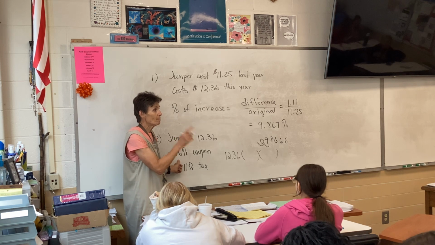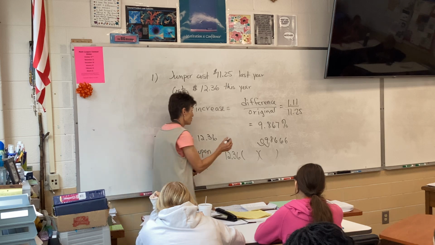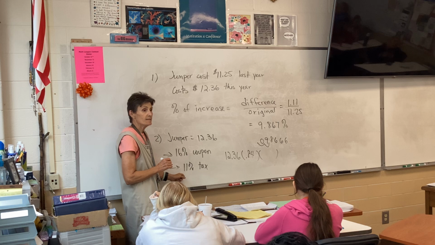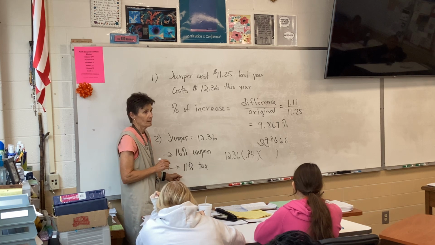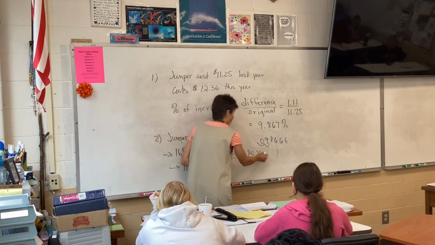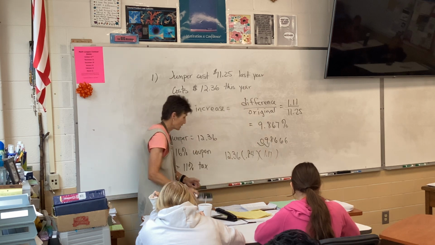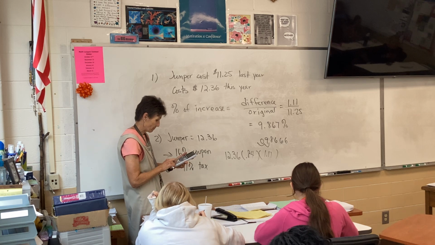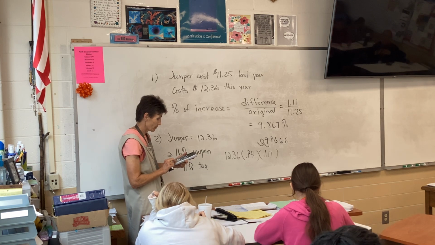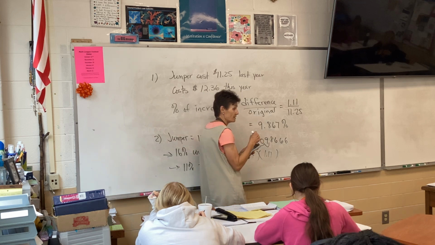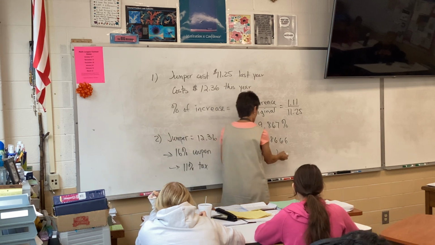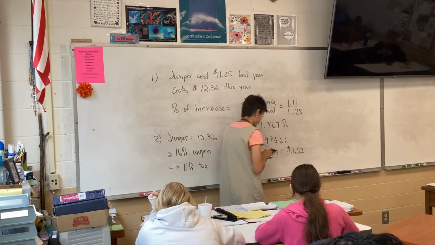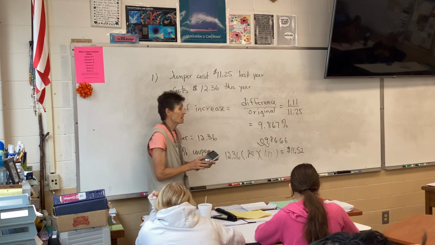So I'm gonna take 1 minus 0.16. So what goes in here? 0.84. Now, what does tax do? Add on. So that's gonna be 1.11. And I just multiply it all together. 11.52. And this, I round off to the nearest cent, right, because it's money. So yes, $11.52 is what I would pay for that jumper.